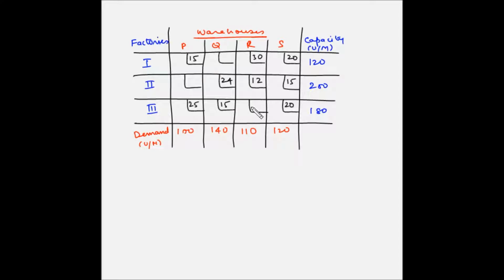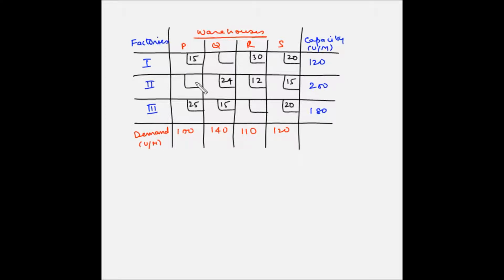Now these 3 routes are prohibited. That means these 3 routes should not be allocated for any material to be transported. And that can be achieved if we assign an infinitely large value of cost for these 3 routes.